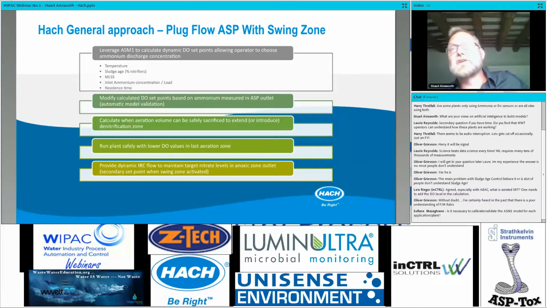Now the operator sets an aeration limit. So if we sacrifice the aeration volume at the head of the activated sludge plant and the resulting calculated DO set points fall outside the range that the operator wants the plant to operate with, then that will inhibit and stop it.